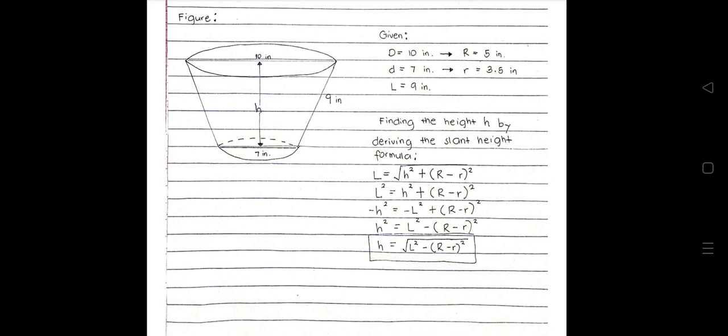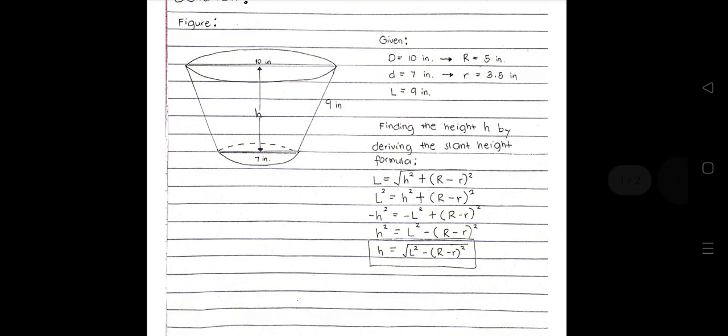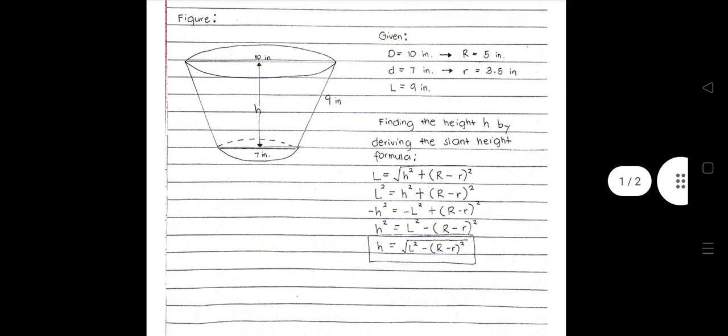L squared equals h squared plus (R minus r) squared, so h squared equals L squared minus (R minus r) squared. So we get the final formula: h equals square root of L squared minus (R minus r) squared. This is the formula we will use to get our height.